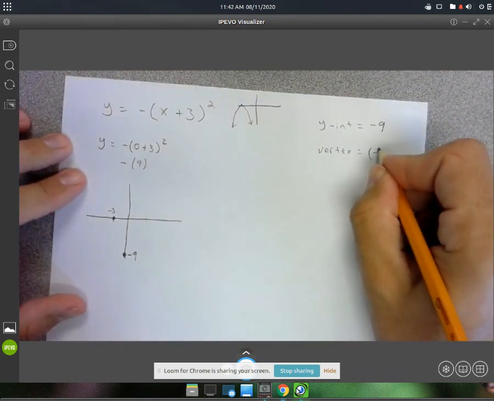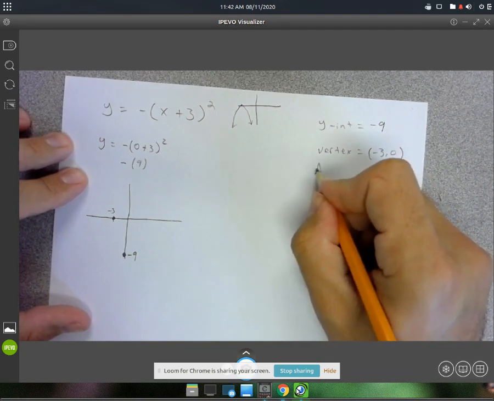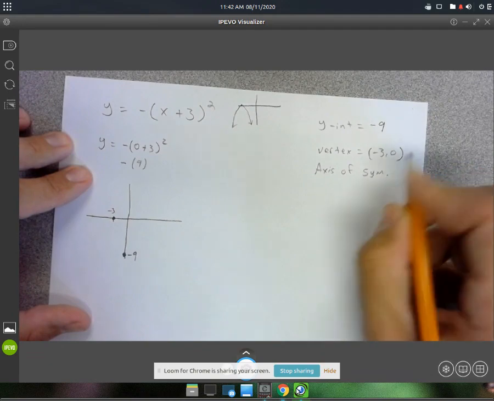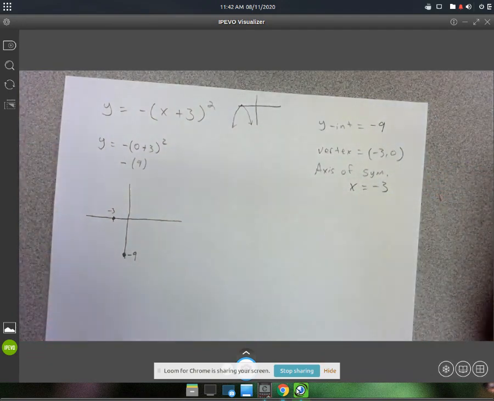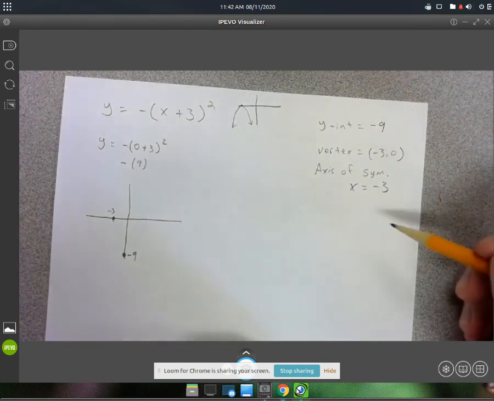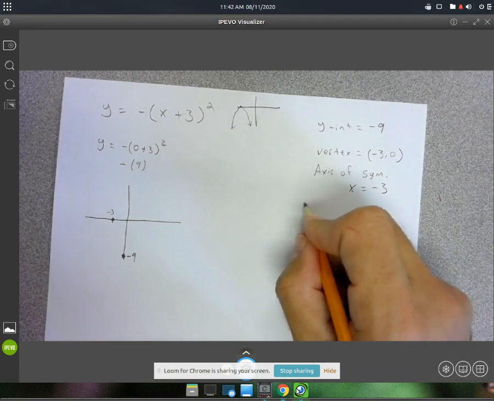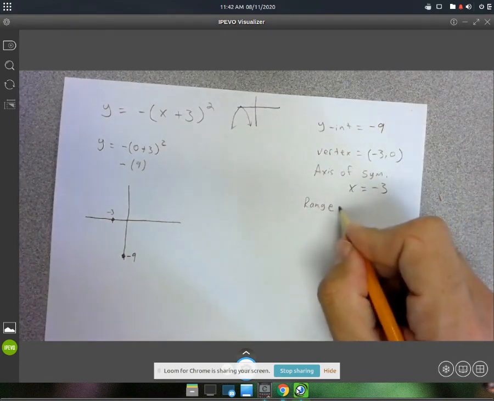Vertex is negative 3, 0, which means my axis of symmetry is going to be x equals negative 3. All right. Actually, just from this information right here, I can tell what my range is going to be. All right, the range, let's see.